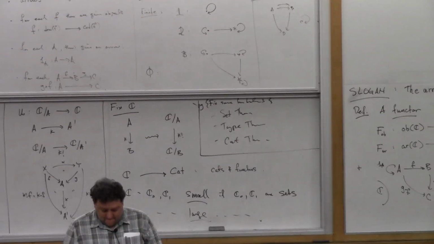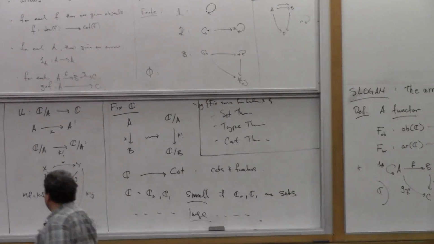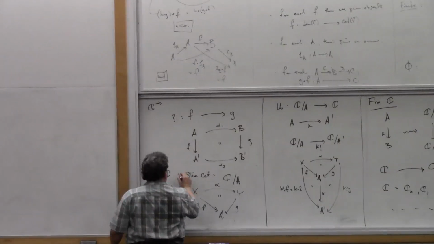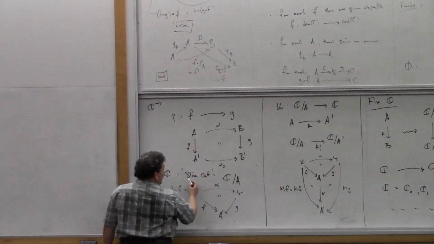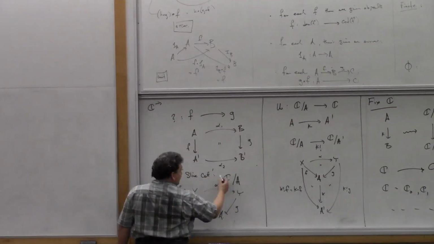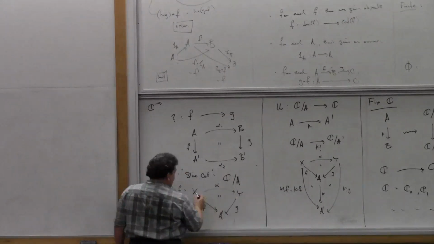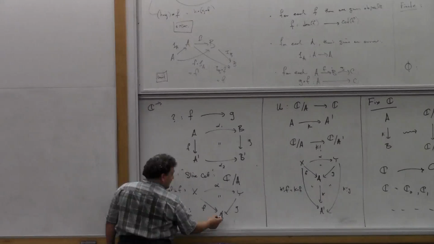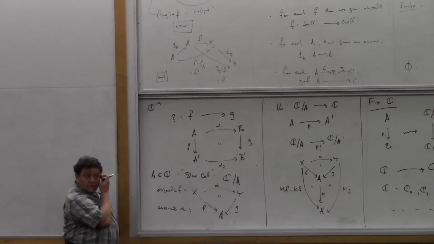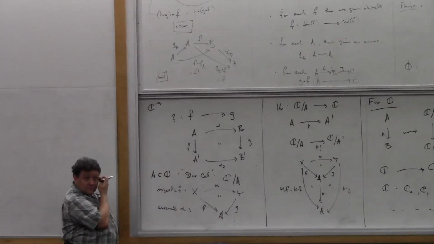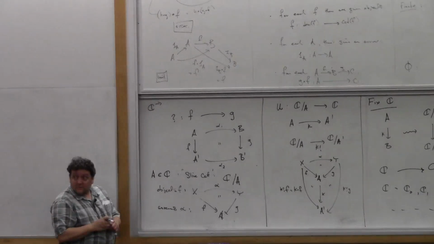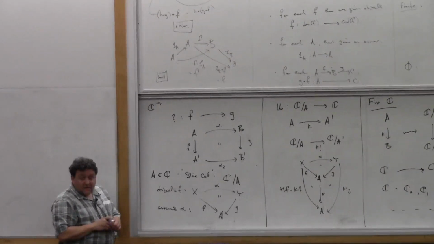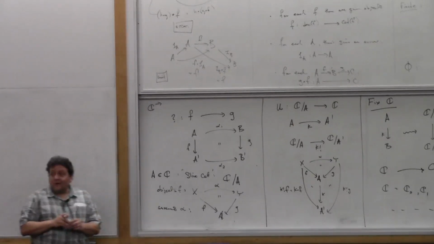Sliced over A means you don't use stuff from A? No, it's just a word. The objects of this category are arrows like this in C, so arrows the codomain of which is A. So the arrows in the slice are a subset of the arrows in C, if it's small.